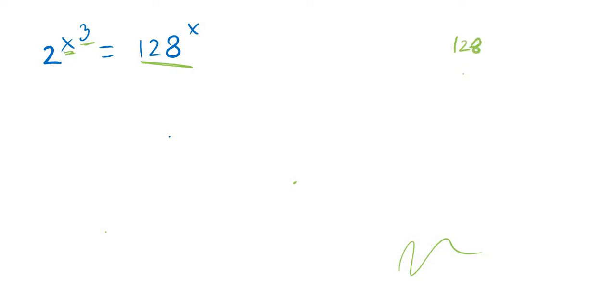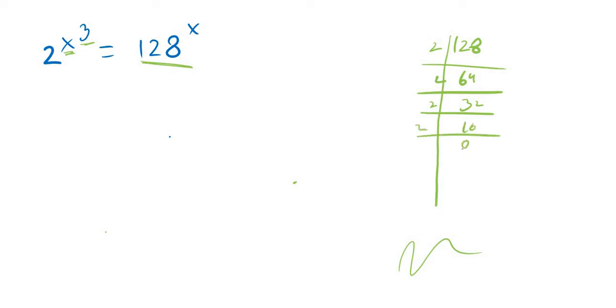You just have to write 128, then keep on dividing it by 2. So you will have 64, and then dividing it again by 2 you have 32. Dividing it again by 2 you get 16, which is 8, then 4, and then 2.